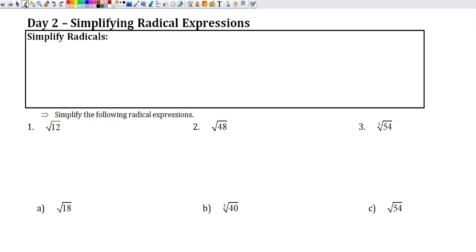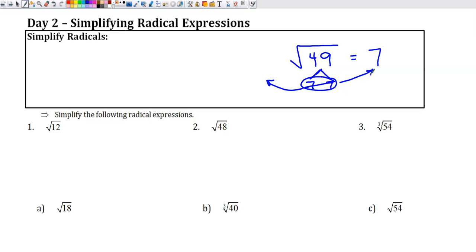On day one, you guys were doing square roots and cube roots, but they were always friendly ones, numbers that came out nicely. So the square root of 49, we said was 7 because 7 times 7 is 49. Essentially, all that meant was since I had two 7s, I was able to bring one outside.